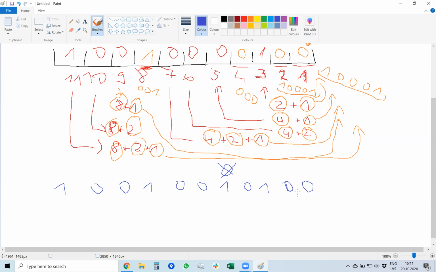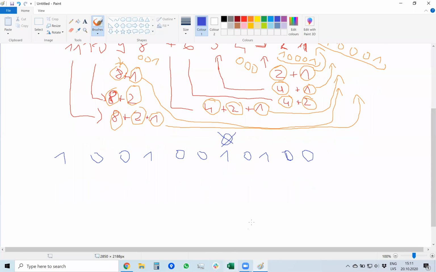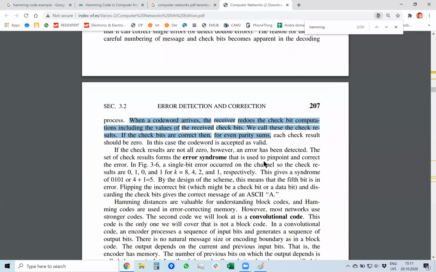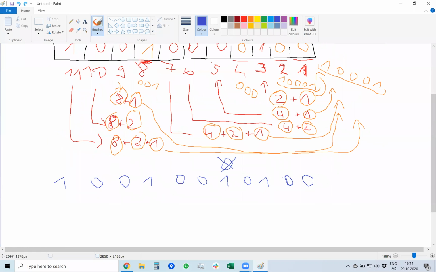Okay. So let's do the parity calculation for this. Parity bits are bits number first, second, fourth, and number 8. Let's calculate the parities again, but on this message that has errors.